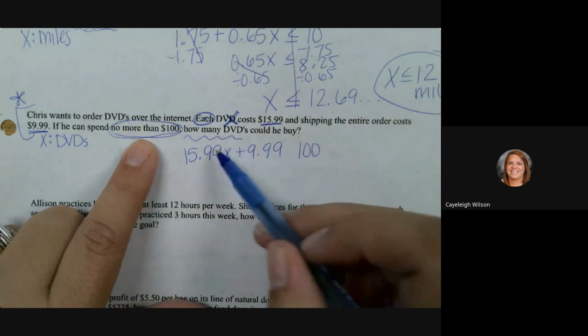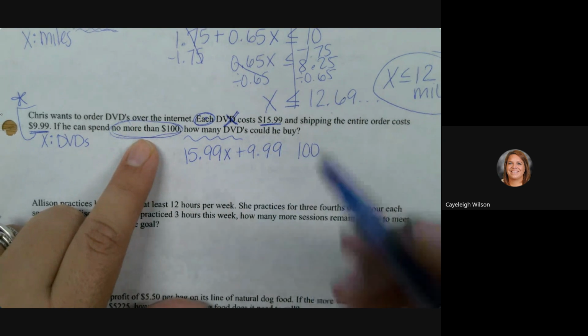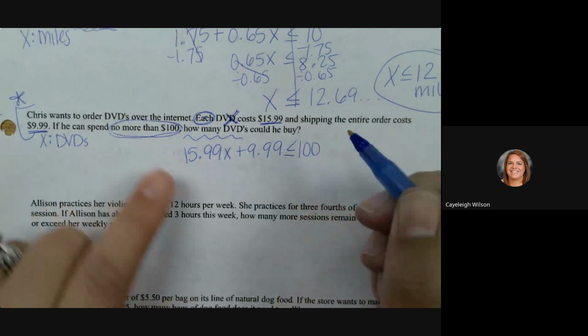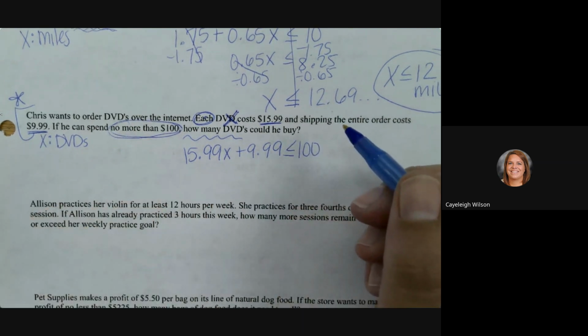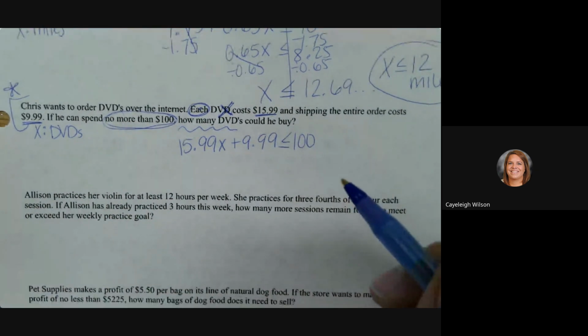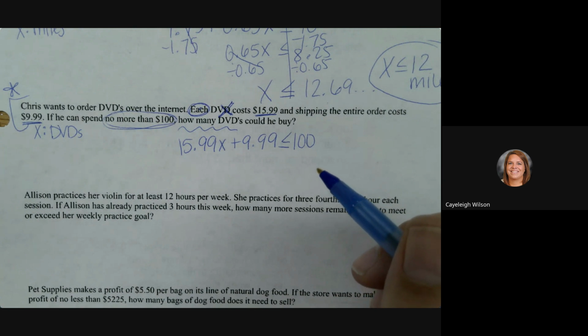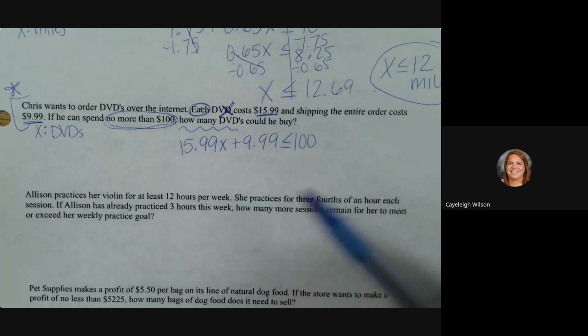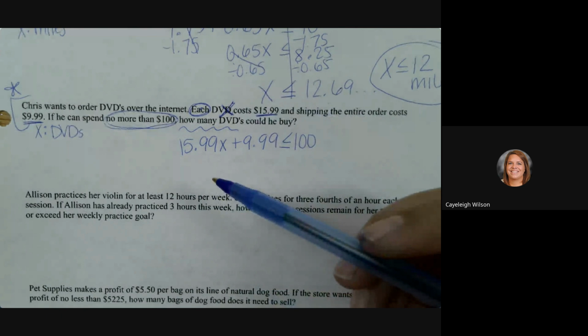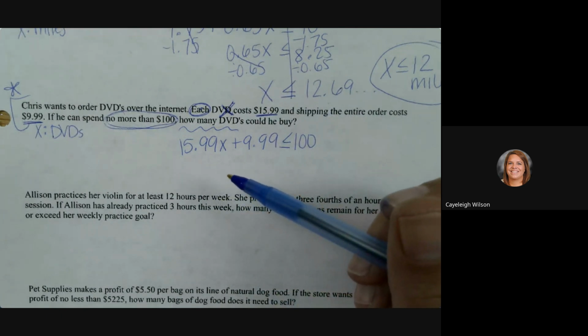So should I eat the X side or the 100? The 100, because it can't be more than 100. If I eat the X side, they're saying that you need bigger than 100. How come that wouldn't be subtraction for shipping? Because it's still talking about the total amount of money that you can spend. Yeah, it's adding on to your order, the shipping.